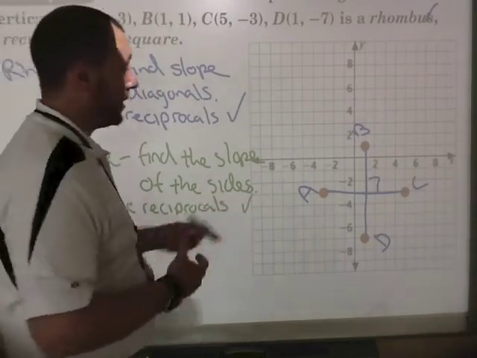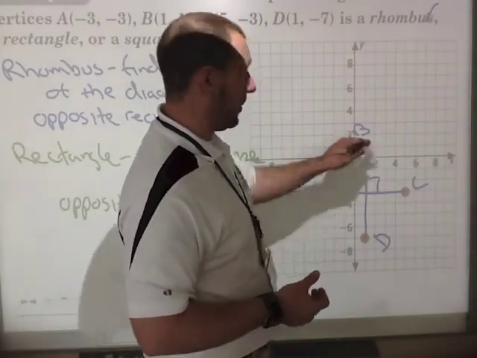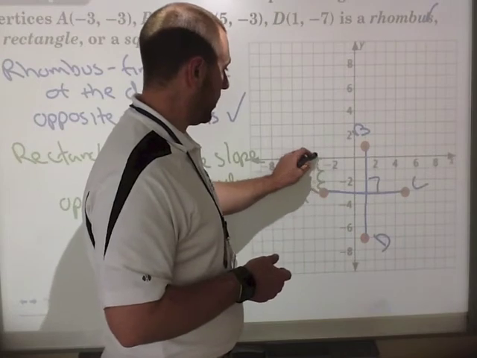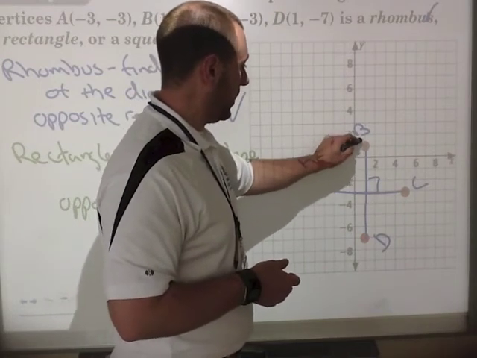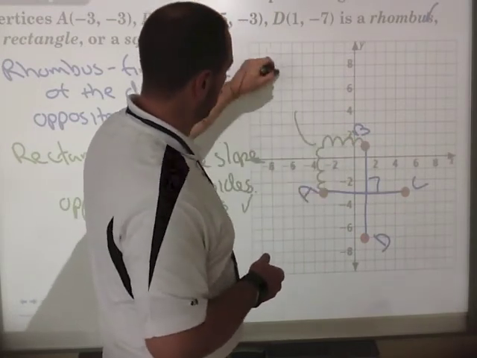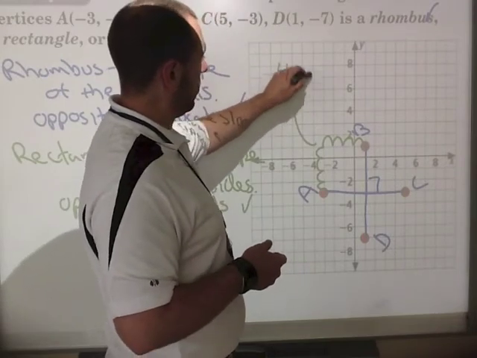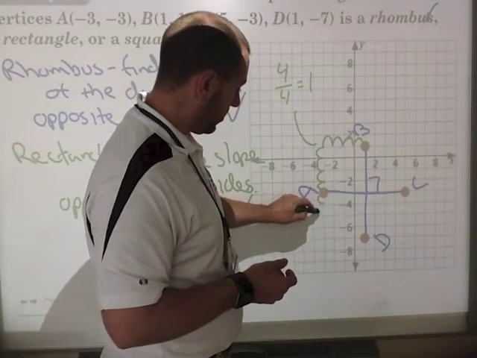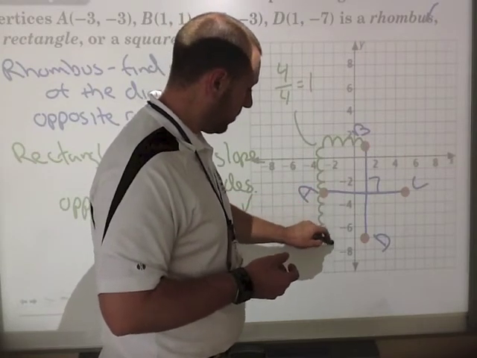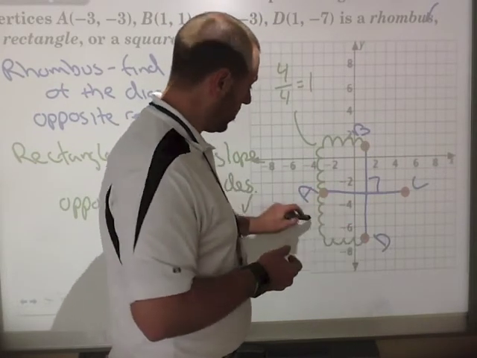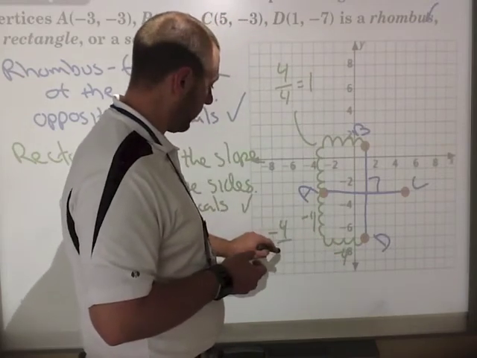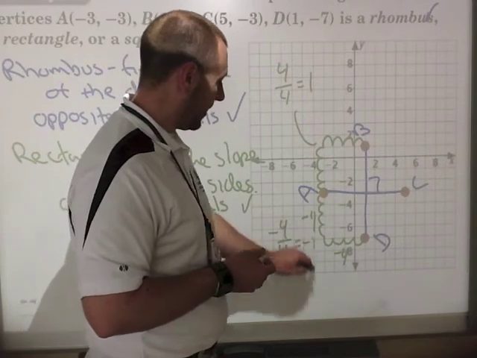The biggest thing is just going from left to right and counting. 1, 2, 3, 4, 1, 2, 3, 4. So the slope here is 4 over 4, or 1. I can also do the same thing from A to D. 1, 2, 3, 4, 1, 2, 3, 4. So down 4 over 4, which is negative 1.